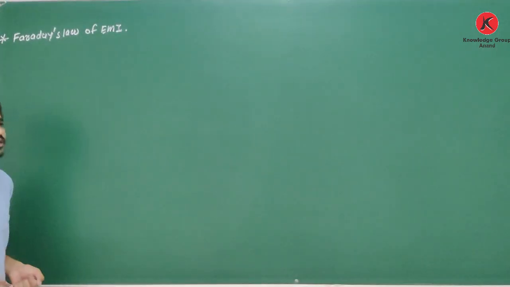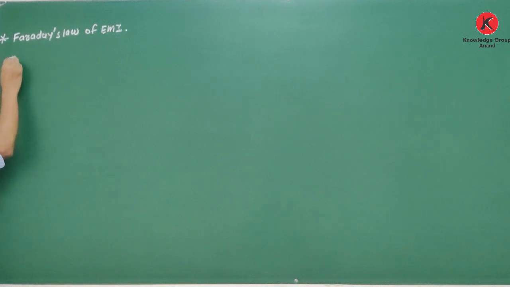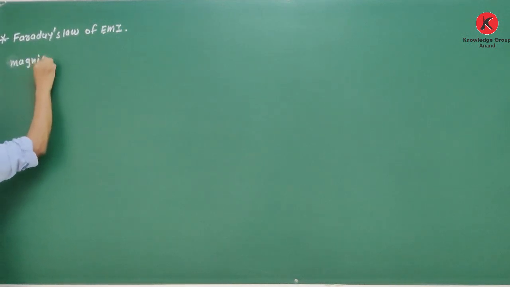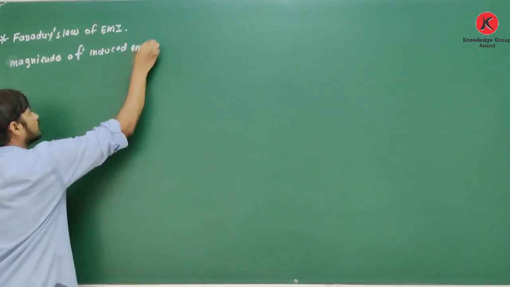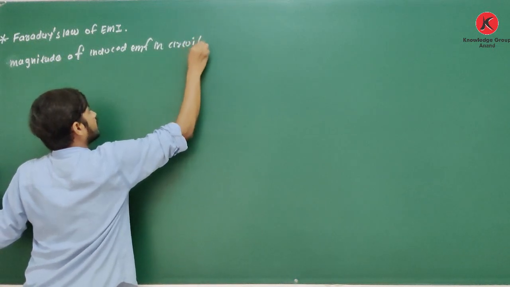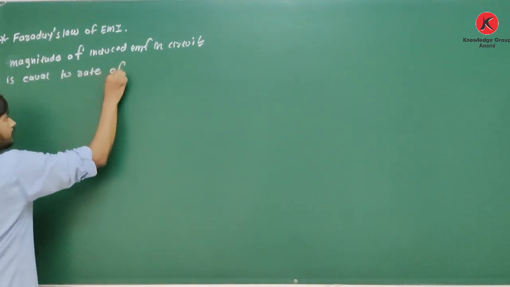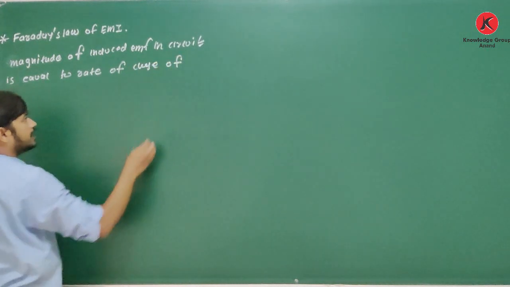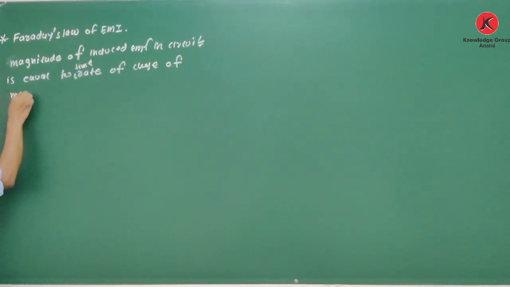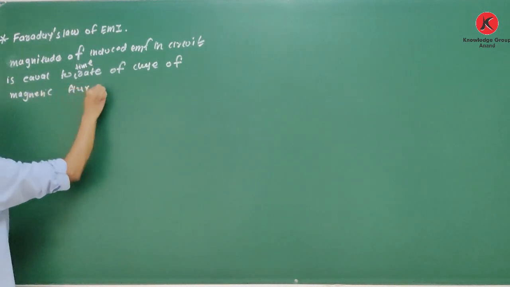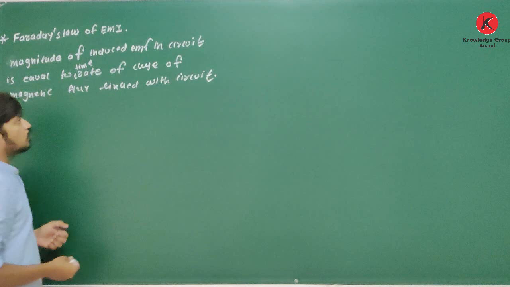Faraday, after a number of experiments, proved that the magnitude of induced EMF in a circuit is equal to the rate of change of magnetic flux linked with the circuit. Why this time rate?